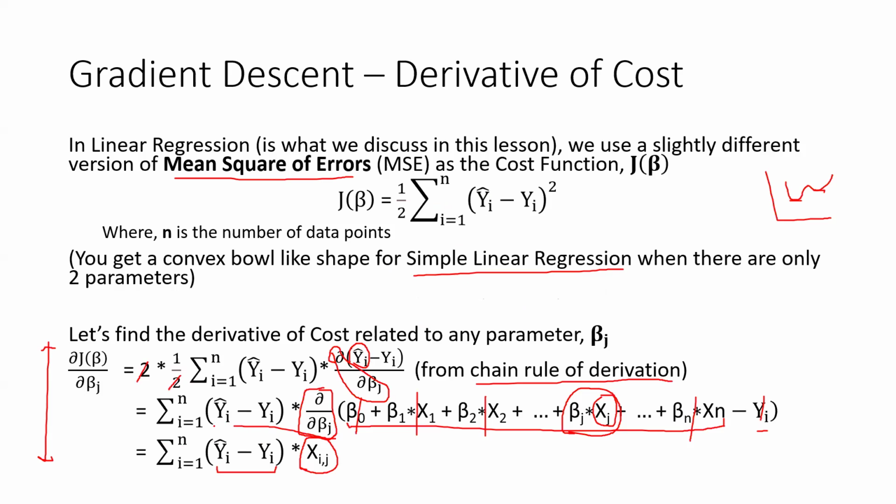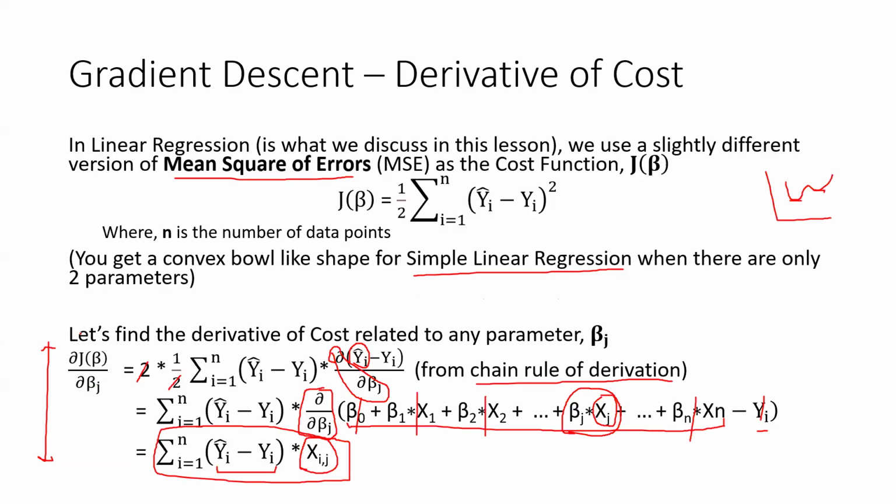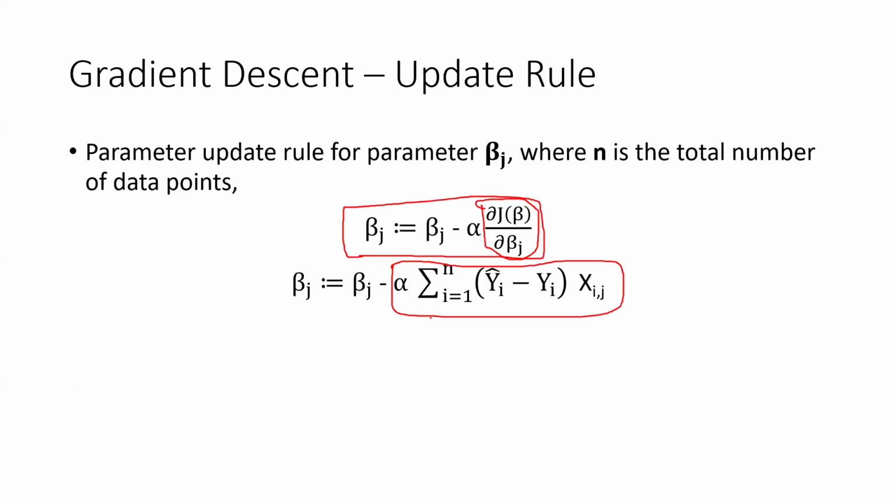So this value is the new term for the partial derivative of J beta with respect to beta j, which is this term. We replace this term with this term, right? This is the real update rule, right?